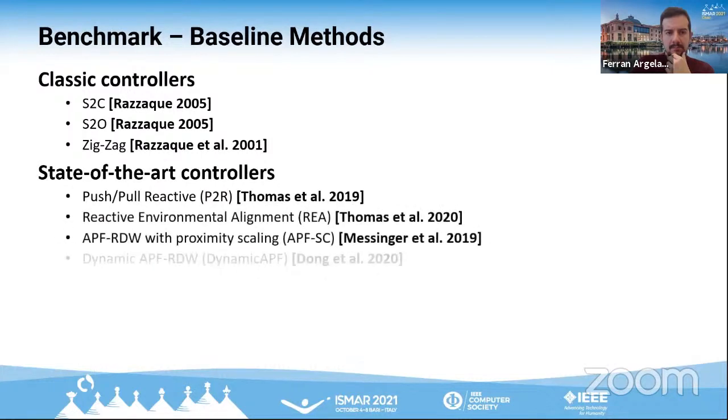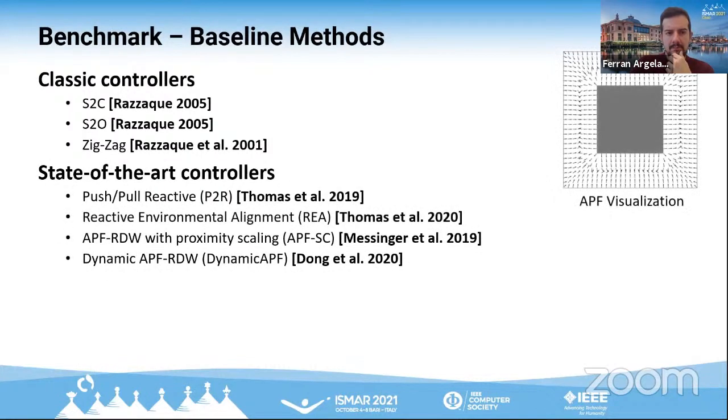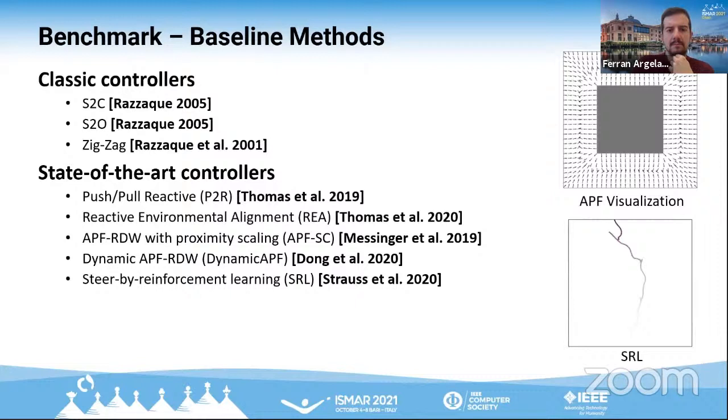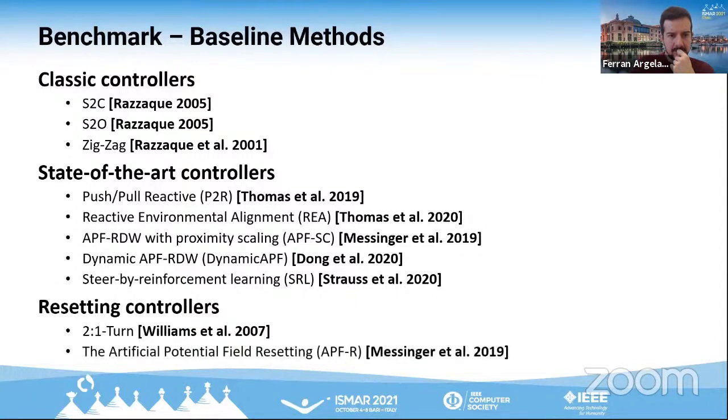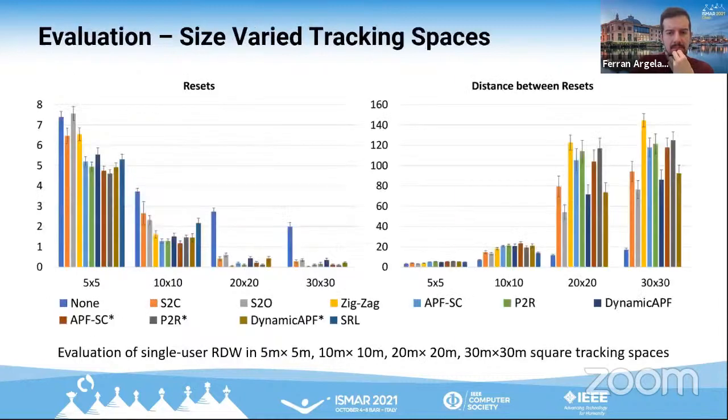Besides, there are 4 APF-based methods to represent the state-of-the-art reactive controllers, and steer-by reinforcement learning represents the state-of-the-art predictive controller. Regarding resetting controllers, 2-1 turn is the most common resetting strategy, while the APF resetting makes the user physically rotate towards a vector calculated by artificial potential fields.